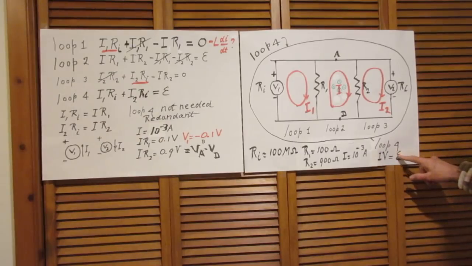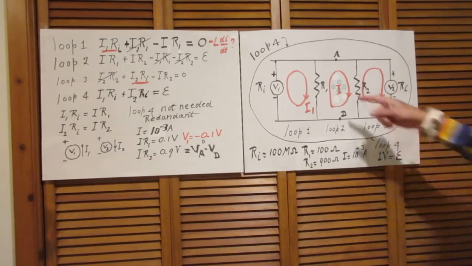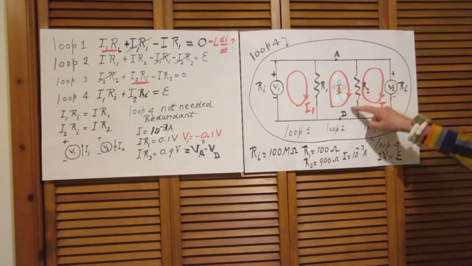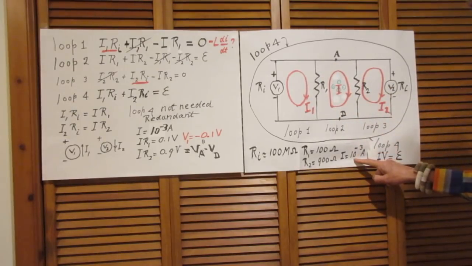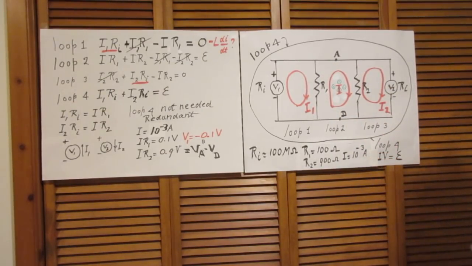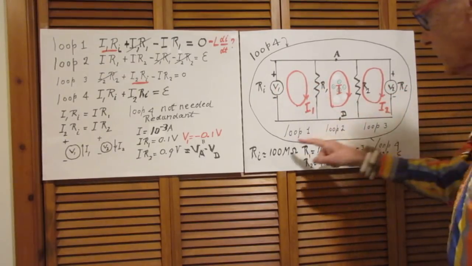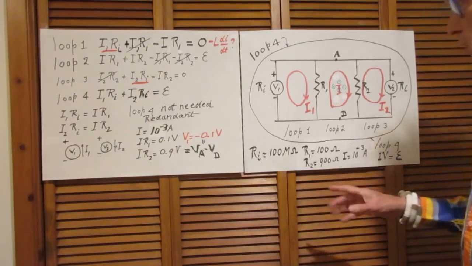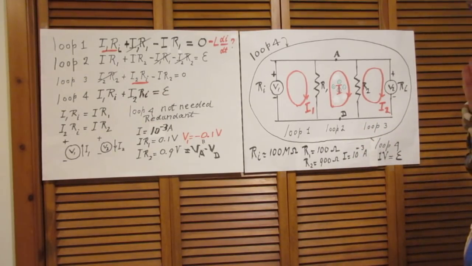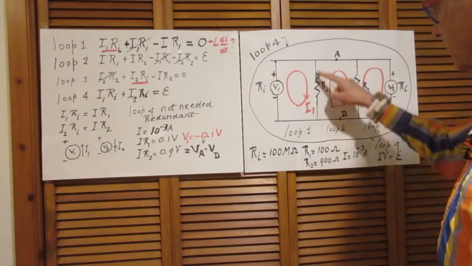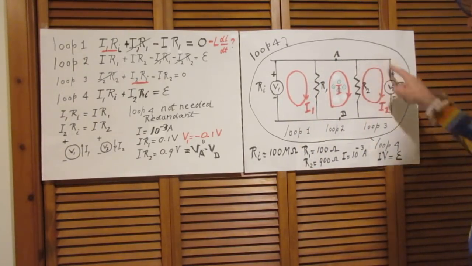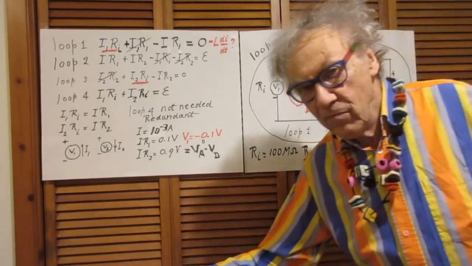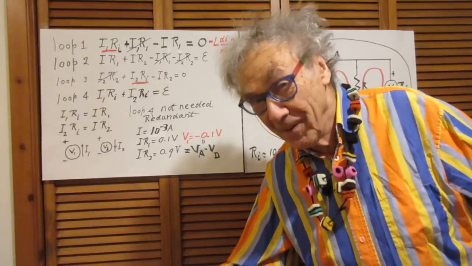I call that EMF this curved letter E. R1 is 100 ohms, R2 is 900 ohms, so the current that is going to run here is 1 milliampere. The resistance of these voltmeters is more than 100 million ohms. Keep that in mind, that's going to be very important. I call this loop 1, this loop 2, and this loop 3, and this loop I call loop number 4. That's the one that I didn't take into account, remember?